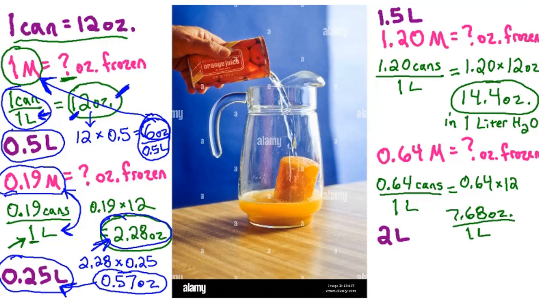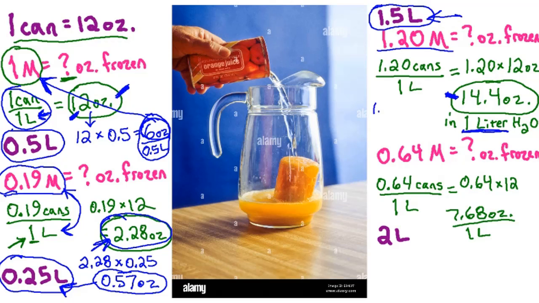Now look at the right hand side. What if we made 1.5 liters of orange juice at a 1.20 molarity, which means we used 14.4 ounces of orange juice per 1 liter of water. But we didn't make 1 liter of orange juice. We didn't put 1 liter of water. We put 1.5 liters.